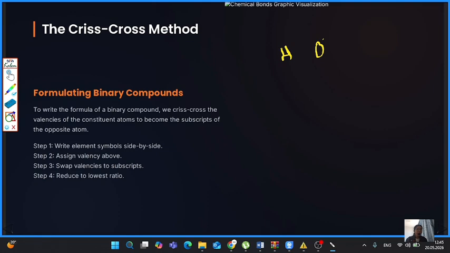As we said before, oxygen has valency -2, and hydrogen has +1, and we write just one. Step 2: write their valencies. Step 3: swap the valences diagonally to become subscripts. And the last step: divide or reduce the subscripts to the lowest ratio if possible.